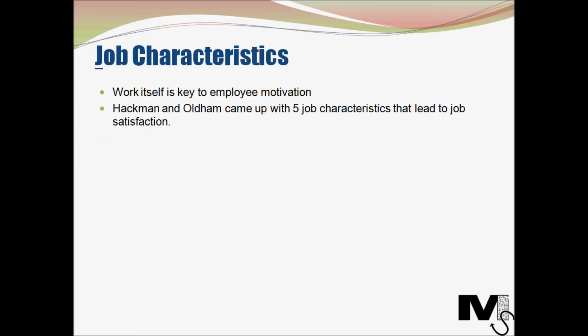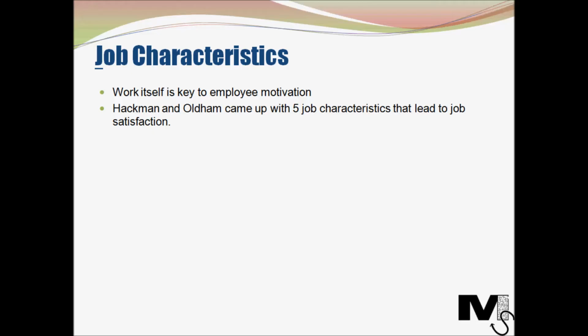Now, one of the foundations of their model is that the type of work itself is key to employee motivation. So essentially, employee motivation depends heavily on the type of work and how certain processes in the organization are structured around their work.